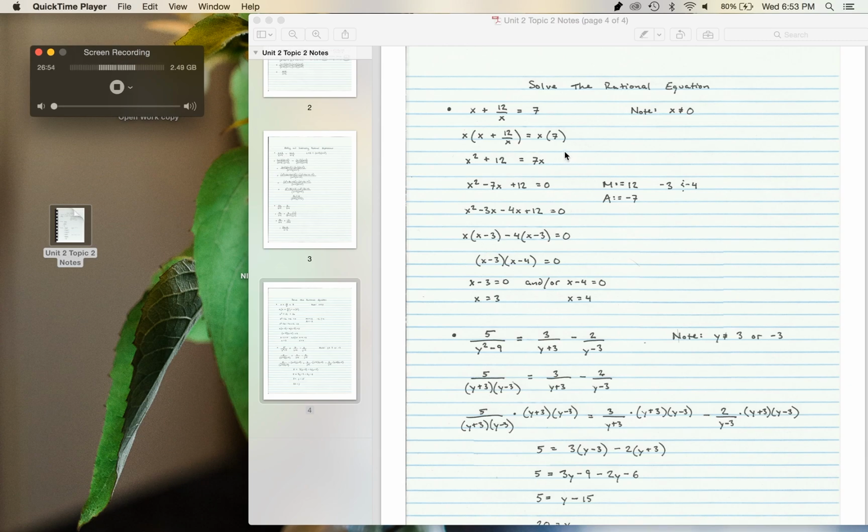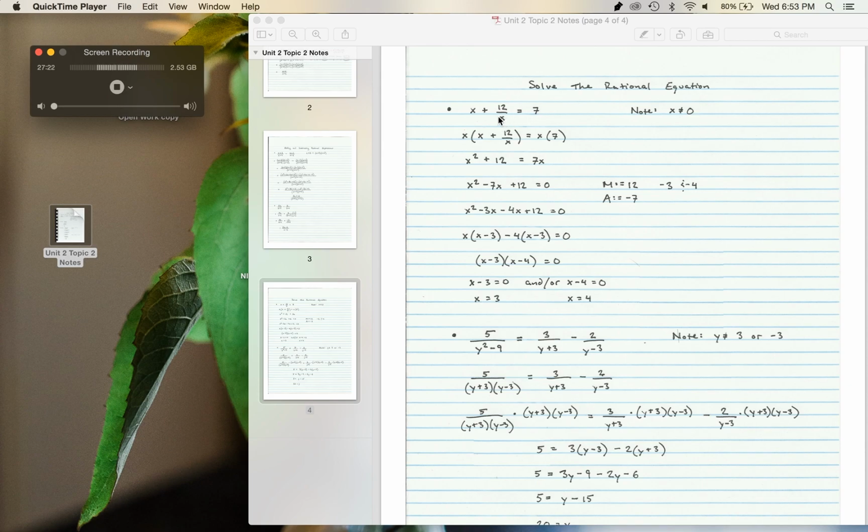So the first thing I want to do, looking at this first example, x plus 12 over x is equal to 7. The very first thing you want to do before you start solving a rational equation is identify values of the variable that would make the equation undefined. Undefined values of x would be any value that makes the denominator of the fraction 0.